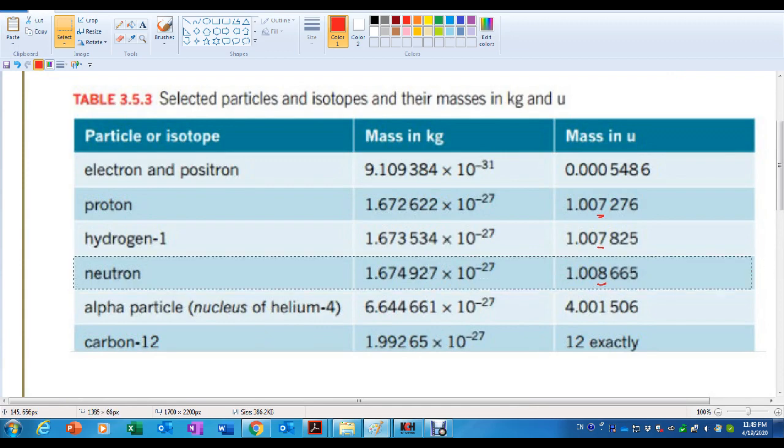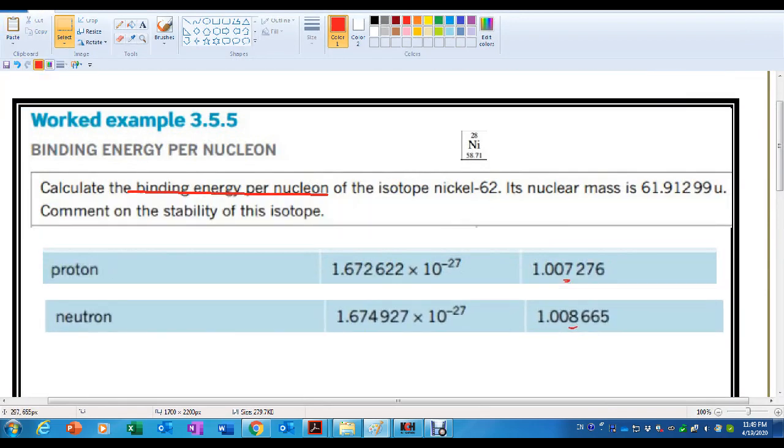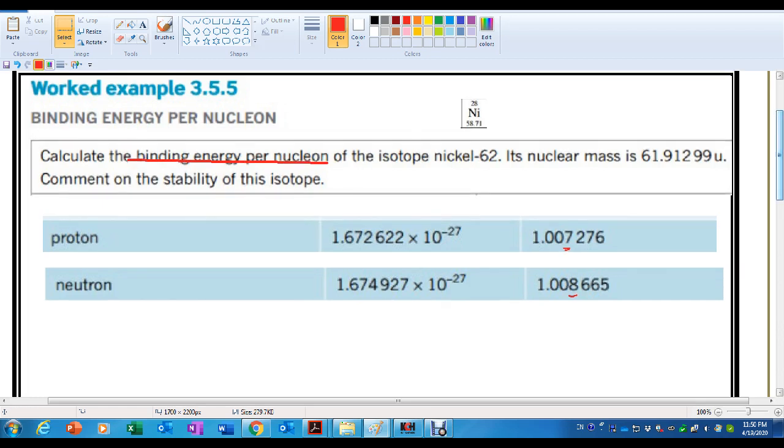Mass of neutron. All these things you need before you can solve it. Also, because you need to get the energy, you need to remember that this is information you get from your data book or formula sheets.